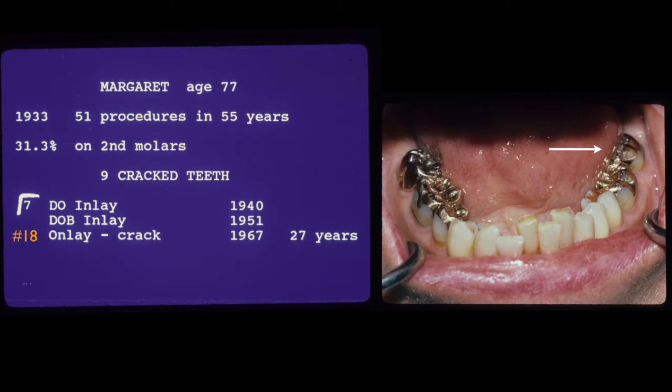Not all of the teeth with onlays had a history of a crack. If a tooth required a restoration and was judged to be vulnerable, I did onlays preemptively, so you will also see many restorations which never developed a crack. That DO inlay of my dad's in number 20 lasted her lifetime.